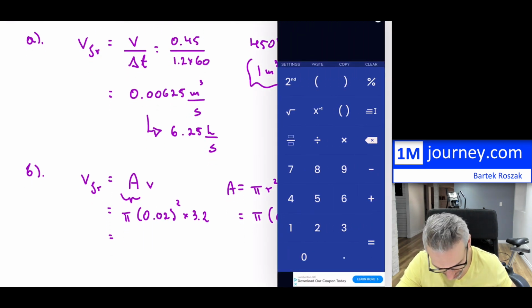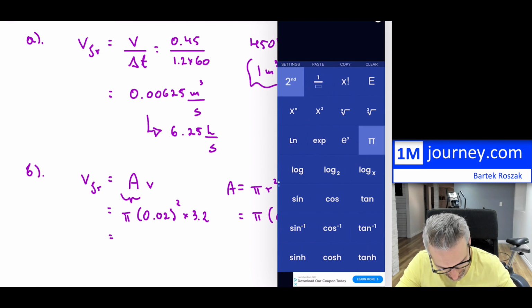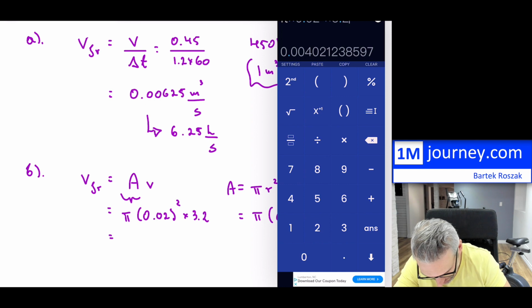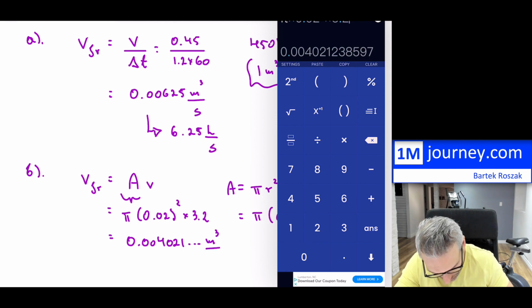That's going to give me everything in meters cubed. So pi multiplied by 0.02 squared, and then multiplied by 3.2. And so we have this tiny amount, 0.004021, etc. This is meters cubed per second.